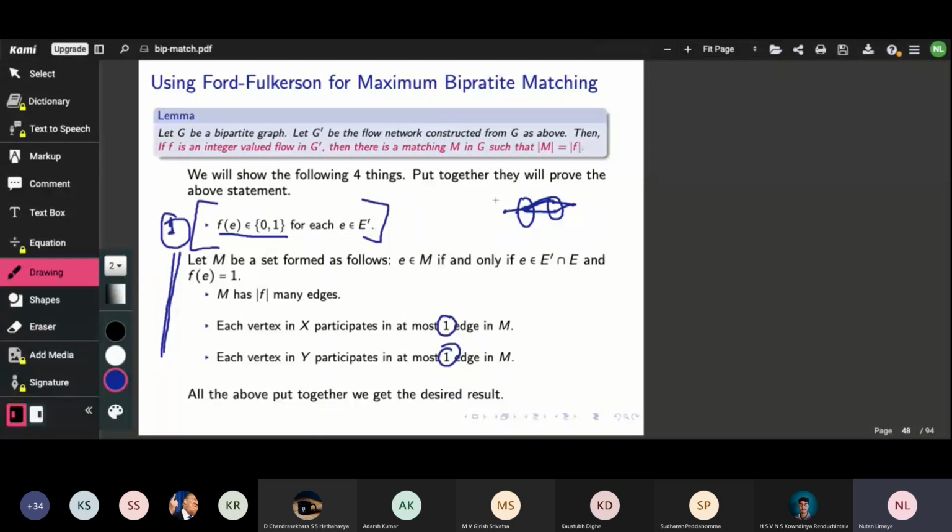Yeah, exactly. So what you're saying is correct in the sense that you will argue something like there is at most one edge entering a vertex here because from S you can at most have one edge. And so two edges cannot leave a certain vertex. And then you could appeal to edge disjoint paths. That's probably correct. Yeah, so this is one way of proving it, as I said.